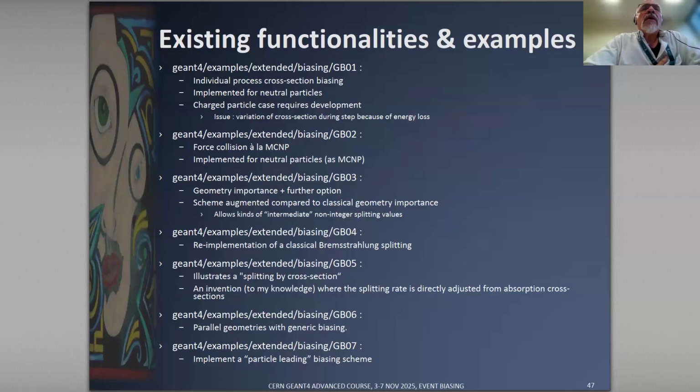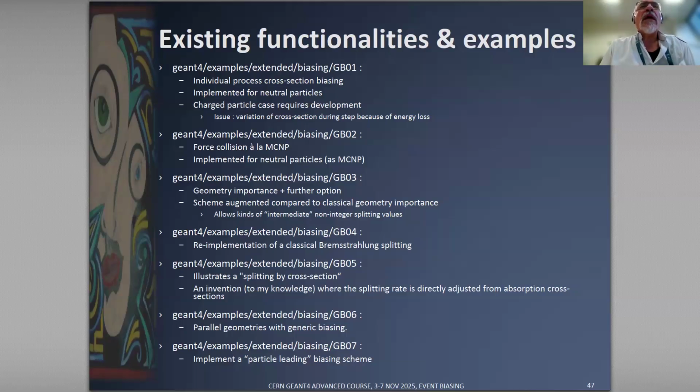The second one shows how to use the force interaction scheme as implemented, imitating the one of MCNP. The third one is re-implementing, in fact, the geometry importance sampling that existed before, but re-implemented with the generic biasing.